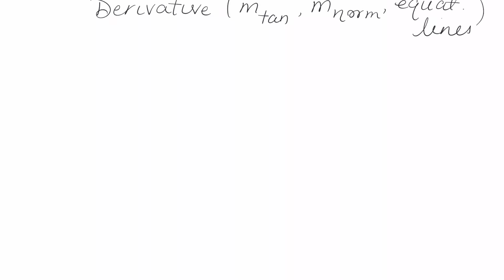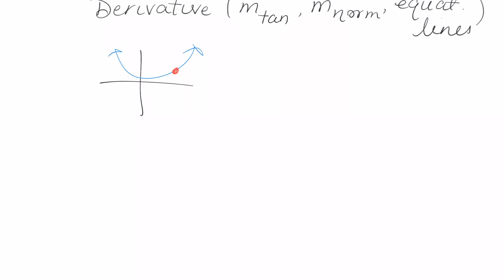Okay, so let's just talk about this real quick. If we have a graph and that graph has a curve, then at any given point on that graph, there is a slope, and the slope is changing, right? It's not constant.